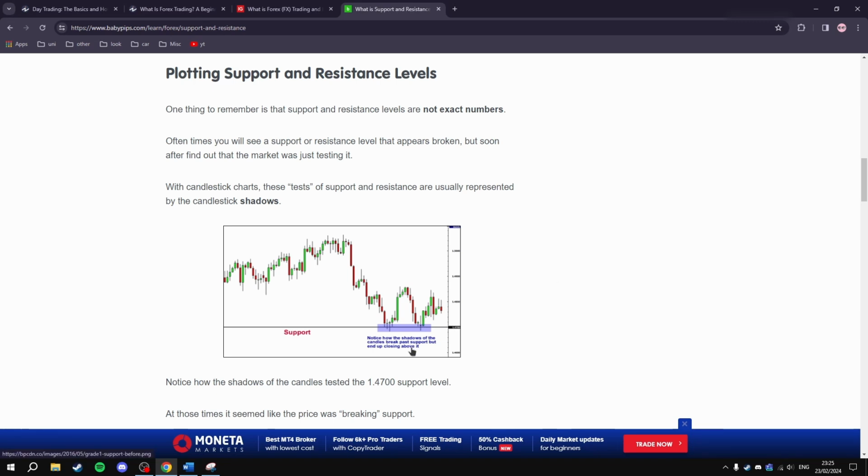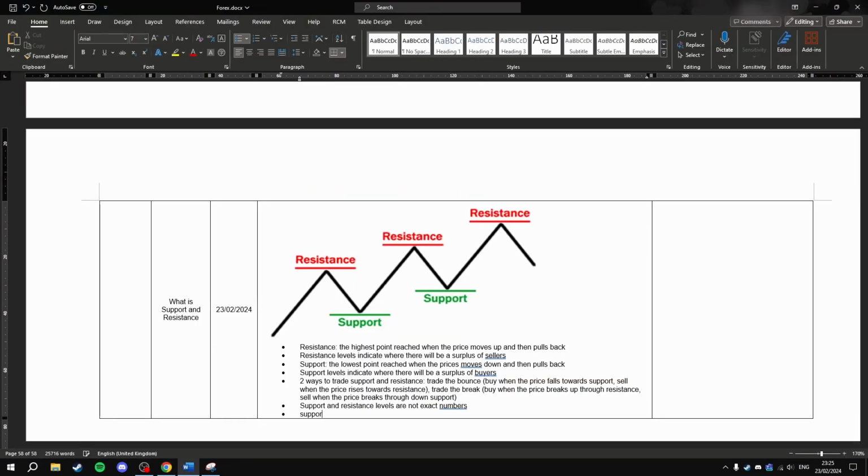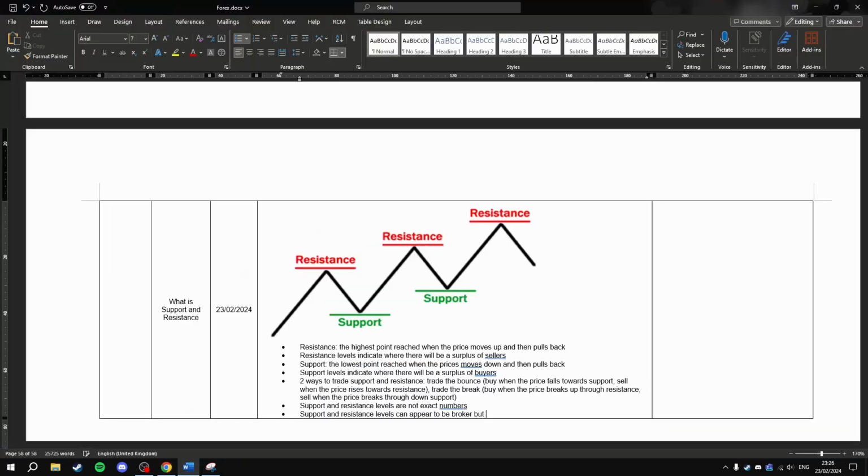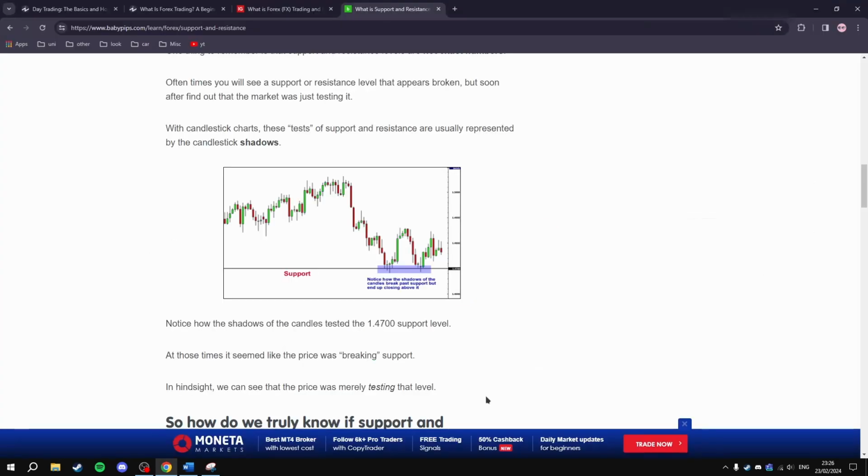Notice how the shadows of the candlesticks break past support but end up closing above it. Support and resistance levels can appear to be broken, but it could be just the market testing it.